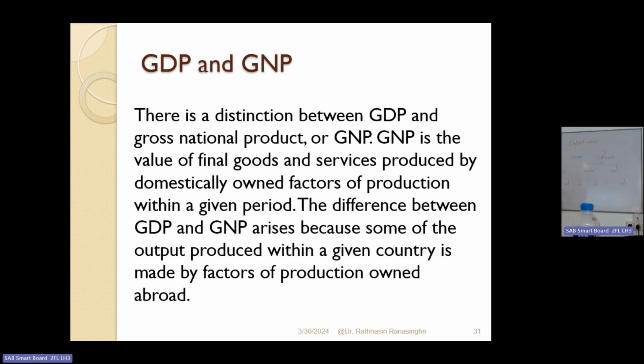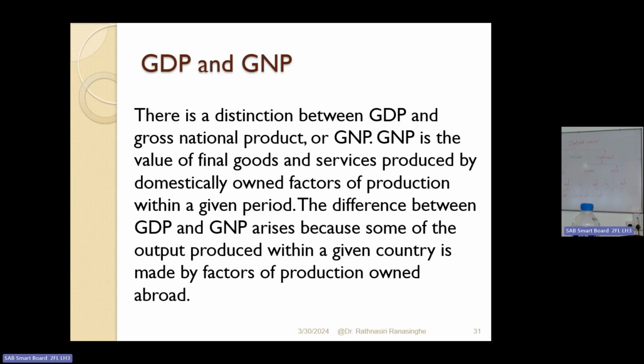And here also we can measure current price and constant price. Anyway, the concept is that. There are so many concepts here, all with current price and constant price, right?